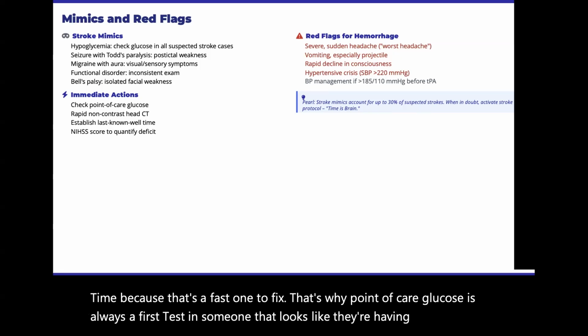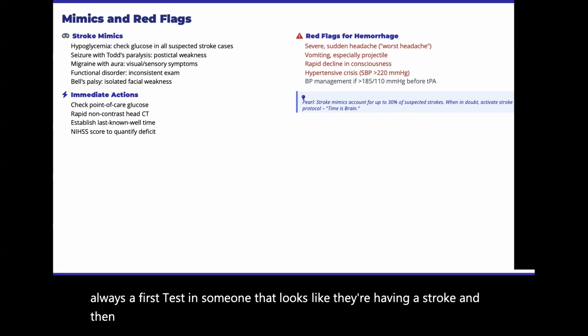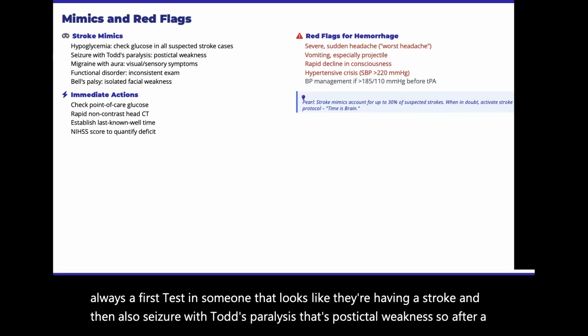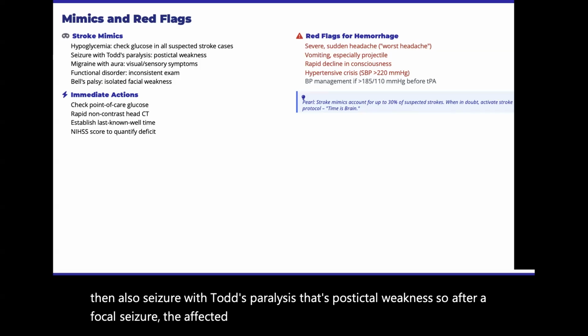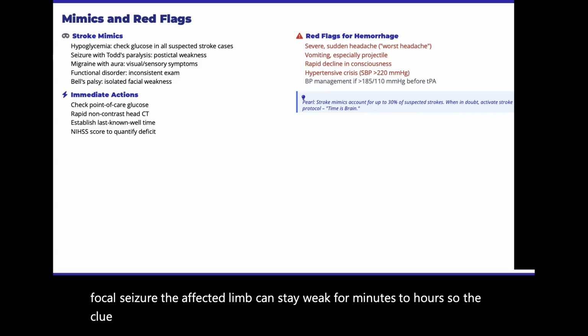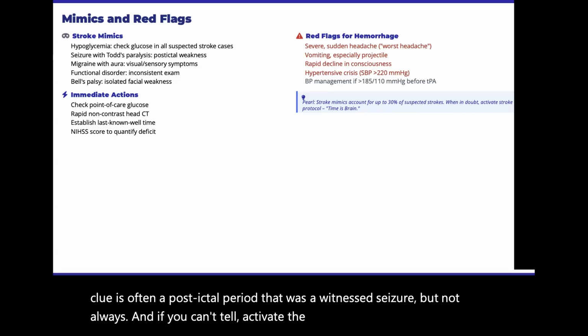And then also seizure with Todd's paralysis, that's post-ictal weakness. After a focal seizure, the affected limb can stay weak for minutes to hours. The clue is often a post-ictal period after a witnessed seizure, but not always. And if you can't tell, activate the stroke team, we'll figure it out.